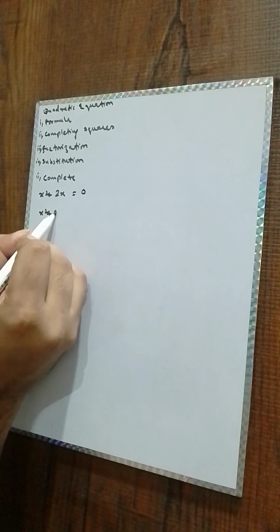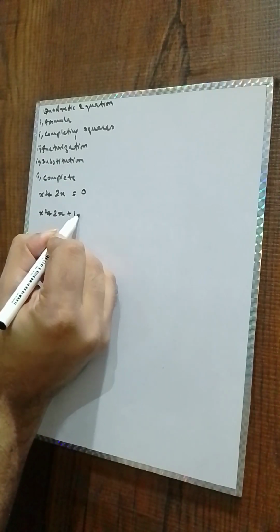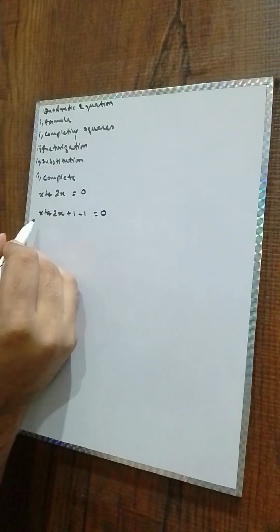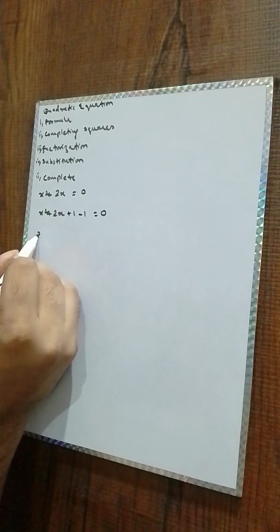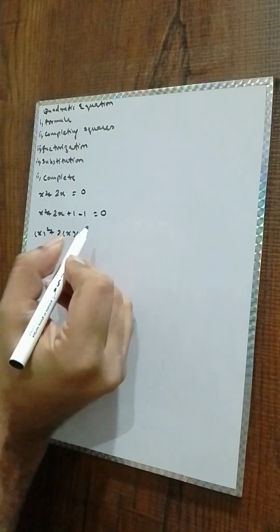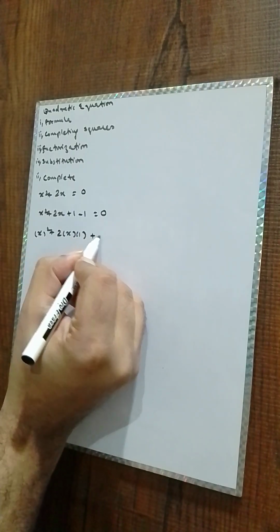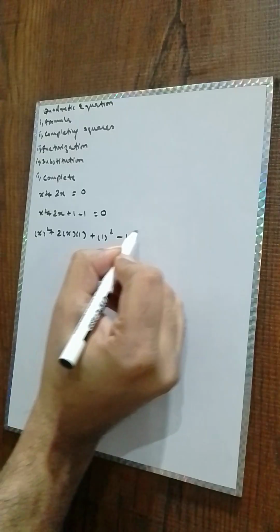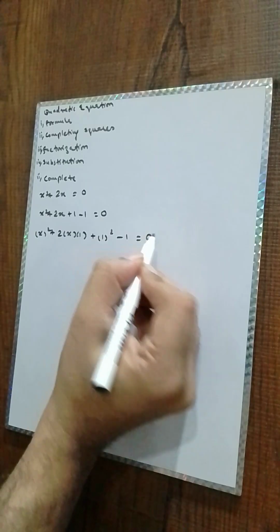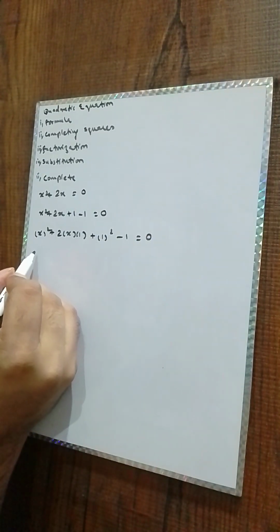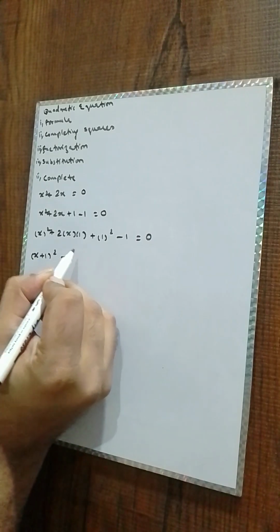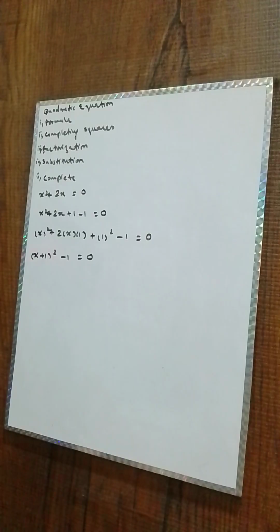And how so? x squared plus 2x plus 1 minus 1 is equal to 0. So the square of the first term plus 2 into the first term into the second term plus the square of the second term, minus 1 for mathematical equality, gives us 0. Yes, so x plus 1 whole square minus 1 is equal to 0.